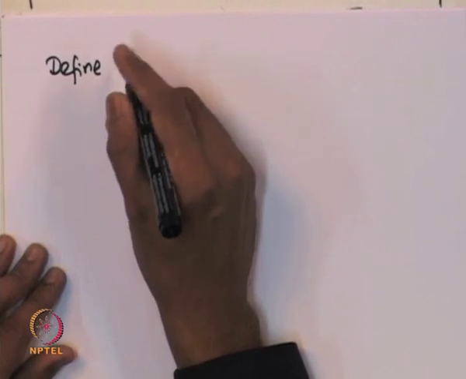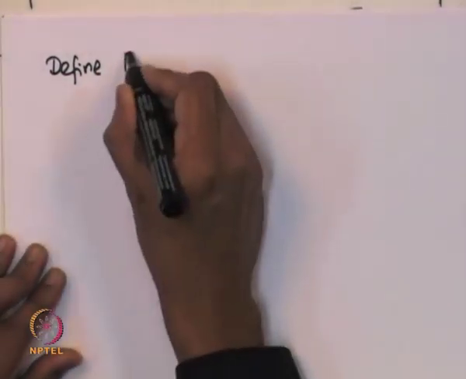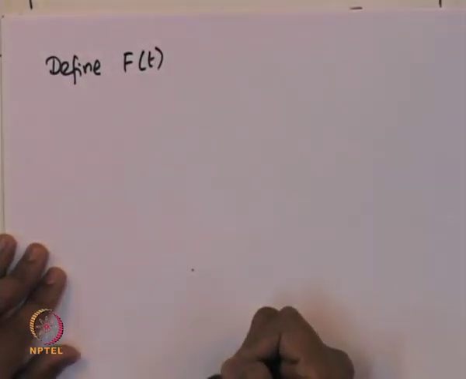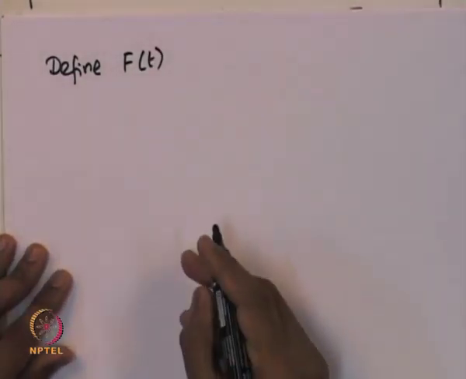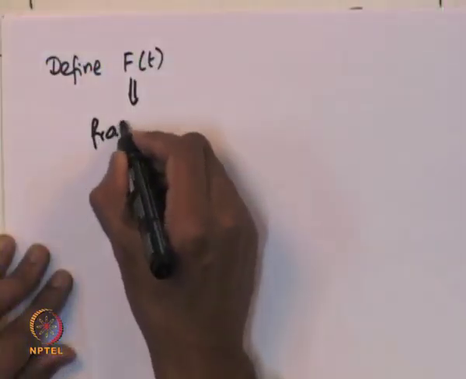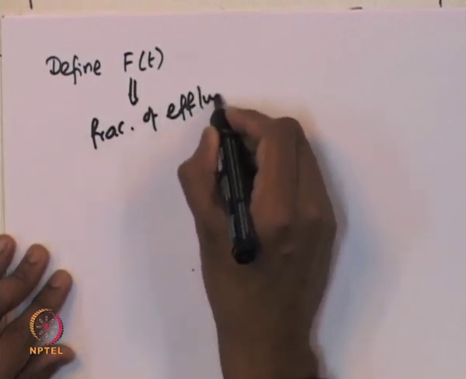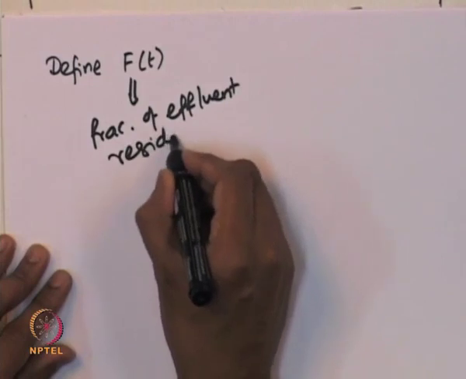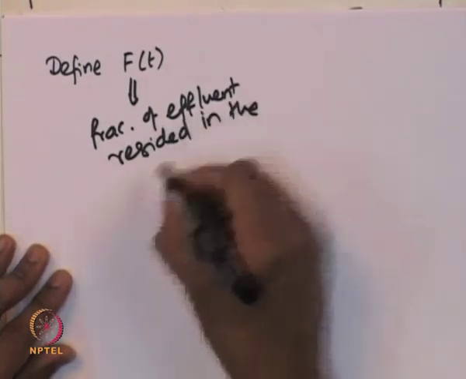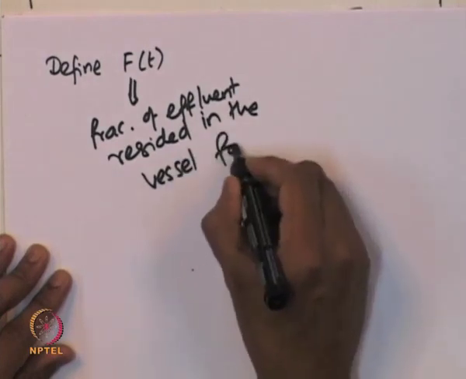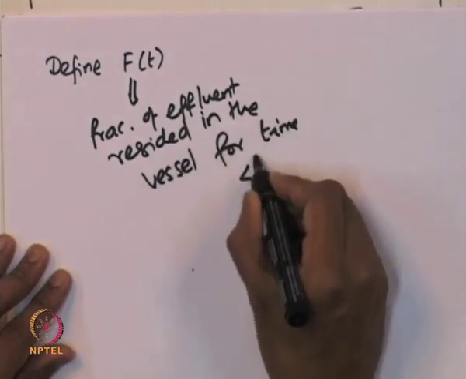Now there are some definitions. In order to characterize the RTD function and decipher some of its properties, we need to define some quantities, and the first one is F(t). F(t) is essentially the fraction of the effluent which has resided in the vessel for a time less than t.